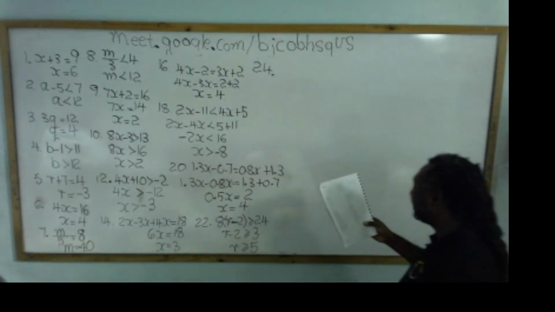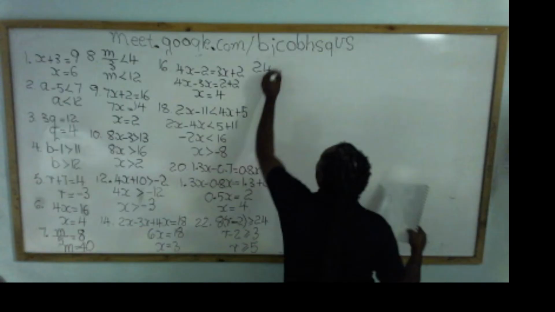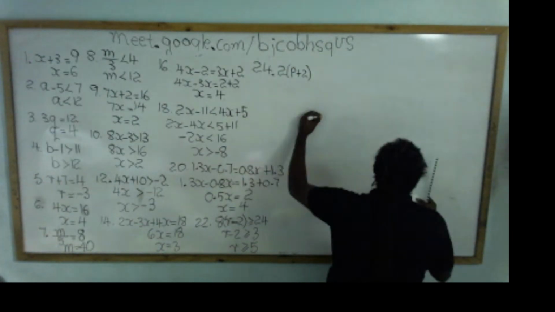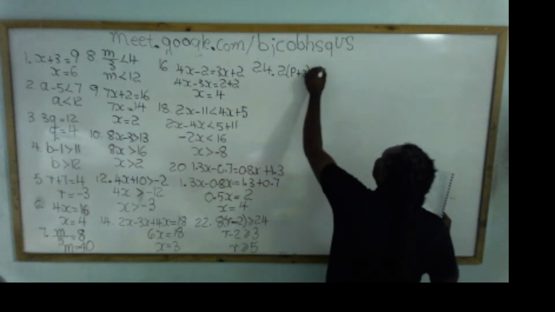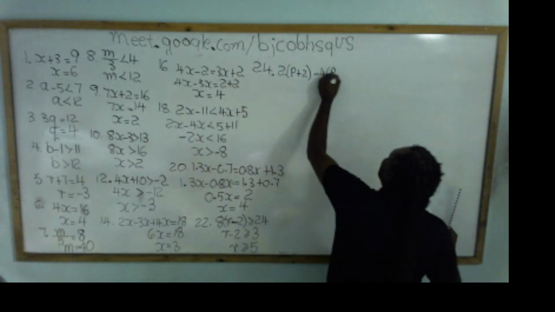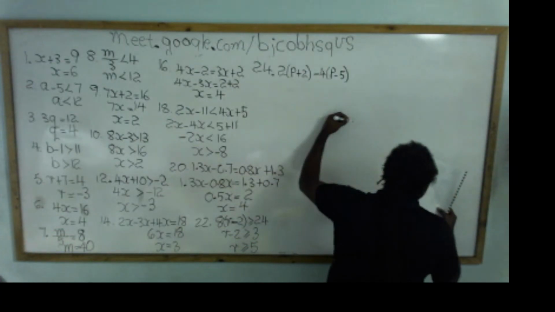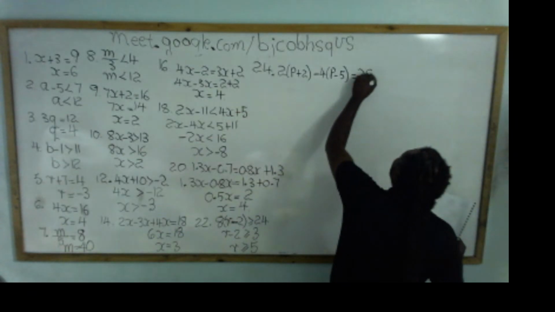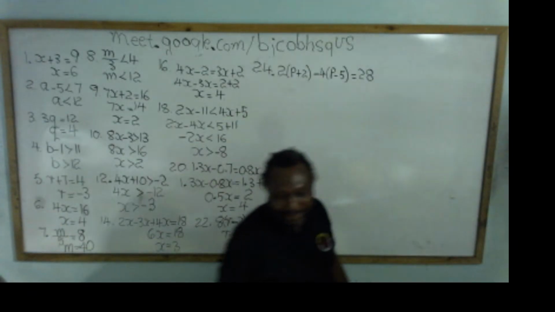2p plus 2 minus 4p minus 5 is equal to 28. And I'm watching it with the glare on that side.